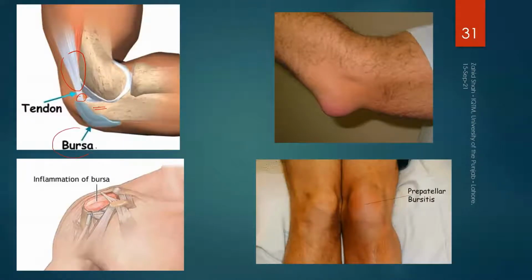So this bursa provides the lubrication cushion at this joint, between this tendon and this bone and as a whole at this joint. So if this inflames or there is some problem with this bursa, there could be pain around the tissues at the elbow joint. But this bursitis could be at other joints like the shoulder joint or the knee joint and other joints in the body.